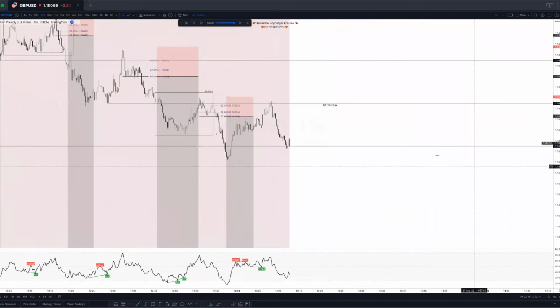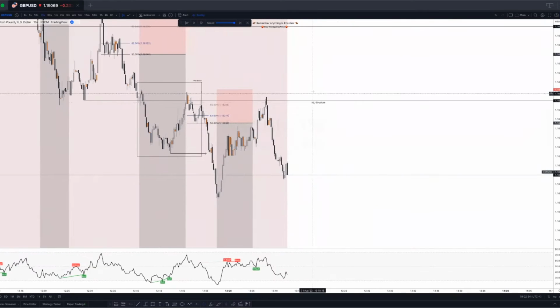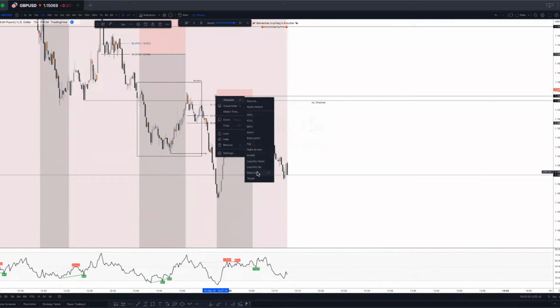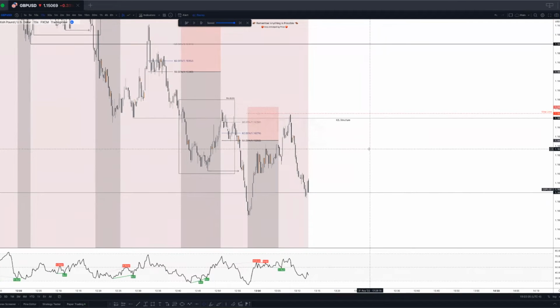So what just happened? We're in the trade. Price respected. We are at reduced risk right here. I forgot to put it up there, but both of those would have been at reduced risk.